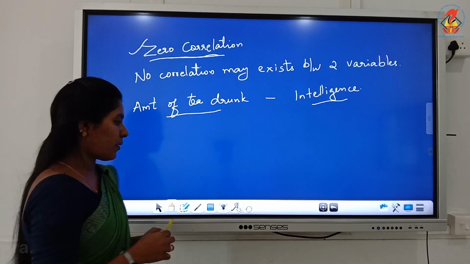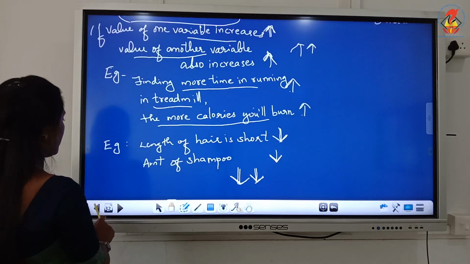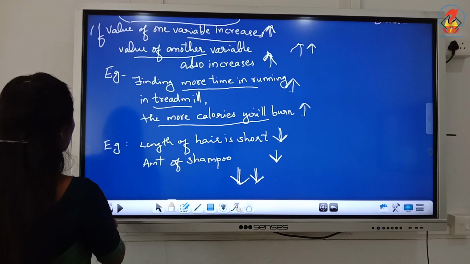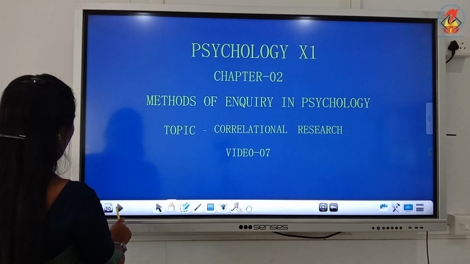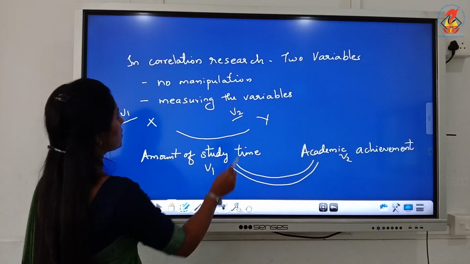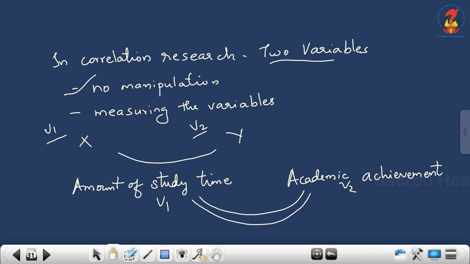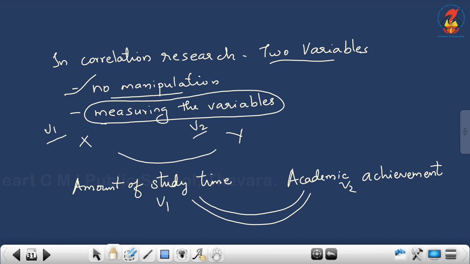So we were discussing the correlational method, correlational research. In correlational research, there are two variables and no manipulation is done in the variables as we did in the experimental method. We made manipulations in the variable there, but in correlational research there is no manipulation, we are only measuring the variables. It could be anything, suppose we take x and y.